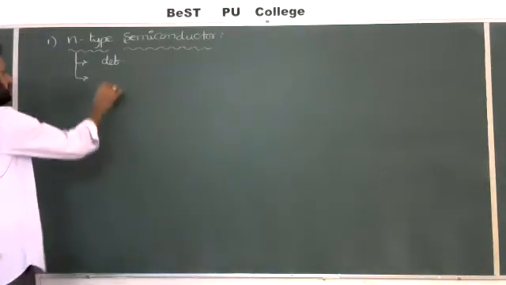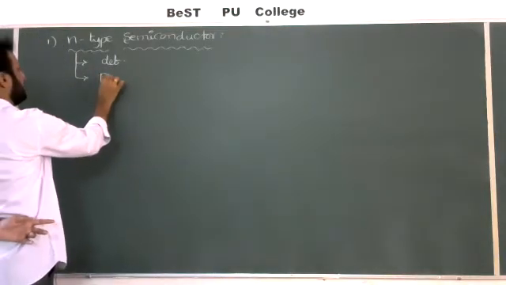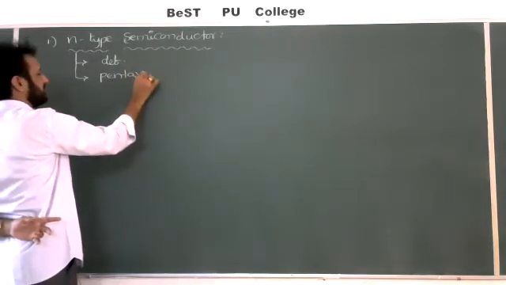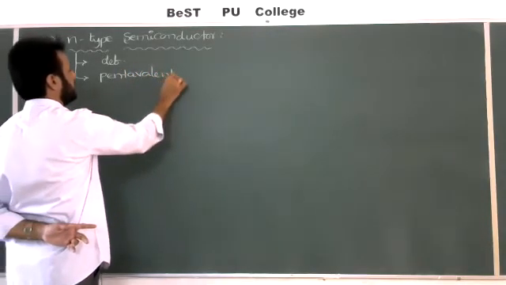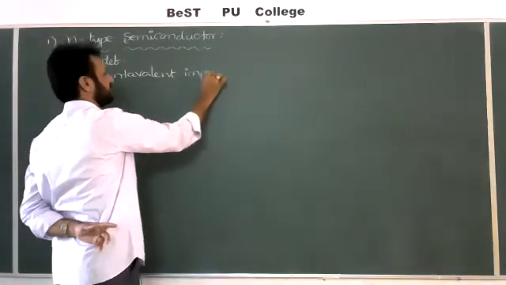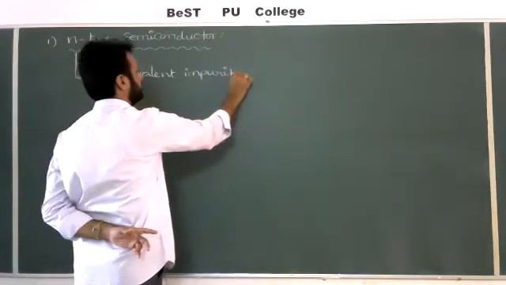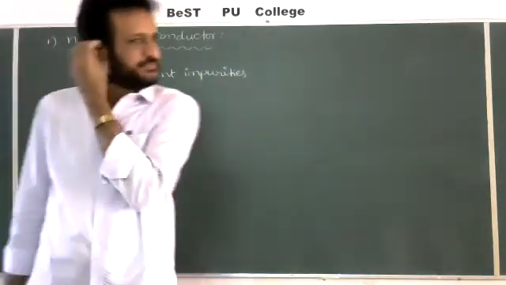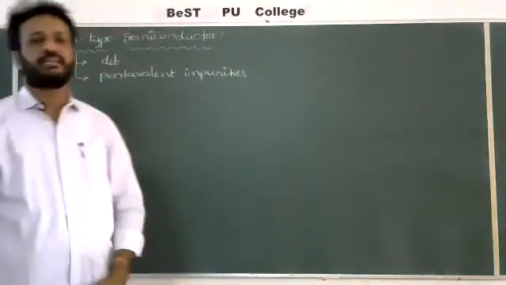To a pure semiconductor, when pentavalent impurities are added, then the obtained semiconductor is called an N-type semiconductor.